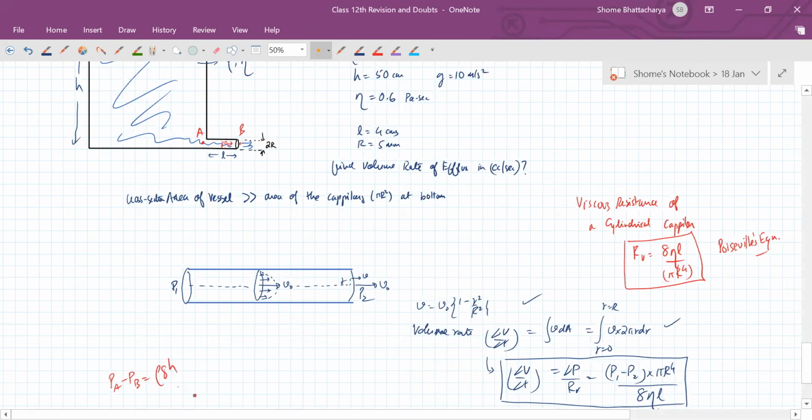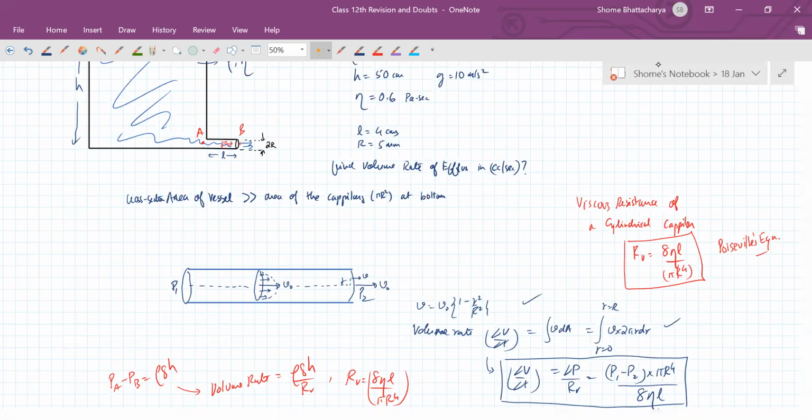Okay. So the volume rate will be equal to this rho gh upon the viscous resistance, where the viscous resistance is 8 eta L upon pi r to the power 4. So when we substitute everything in SI unit, it will give us the volume rate in meter cube per second, that you can convert to cc per second or whatever.